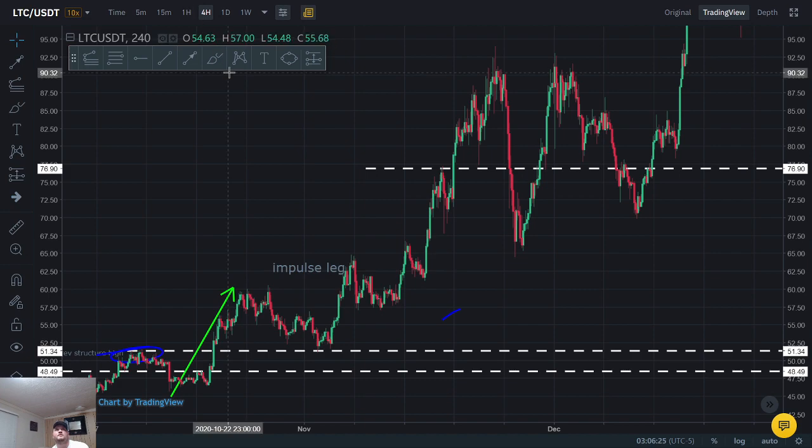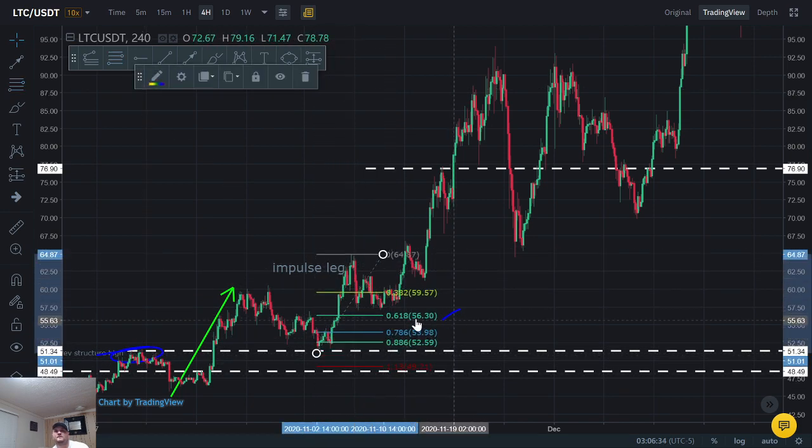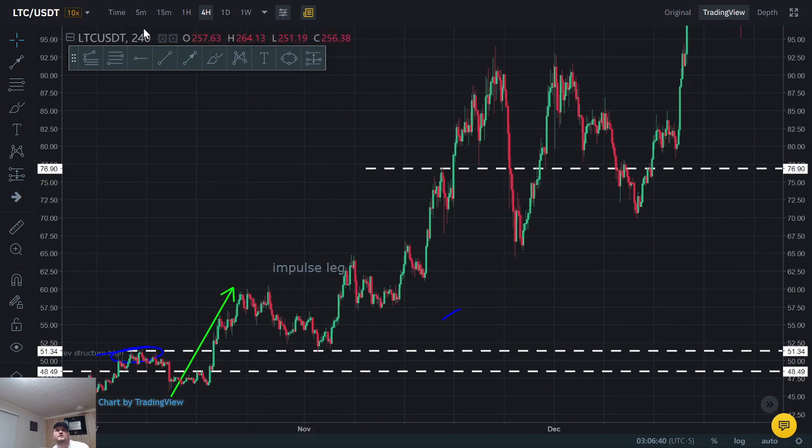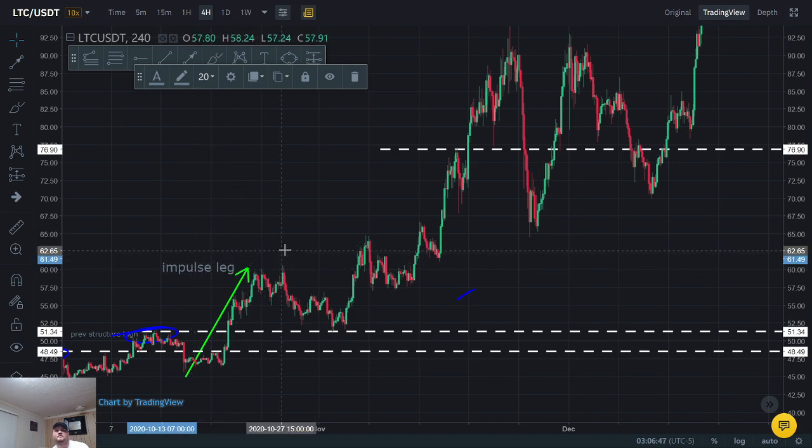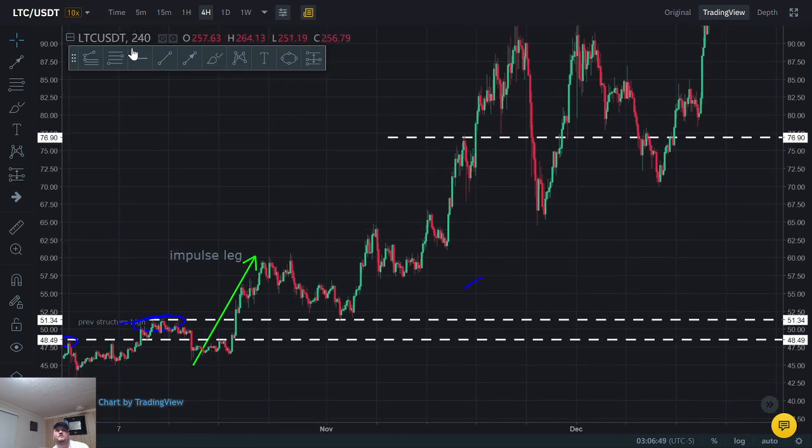So it looks like it pulled back to 61.8 right here. No, it didn't. It pulled back to the 50. So this is what I mean by letting the market come to you. So if this was the previous structure right here.